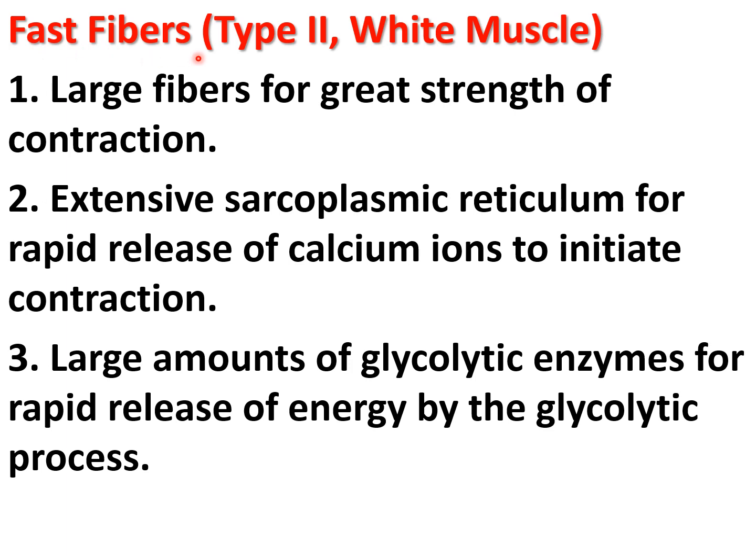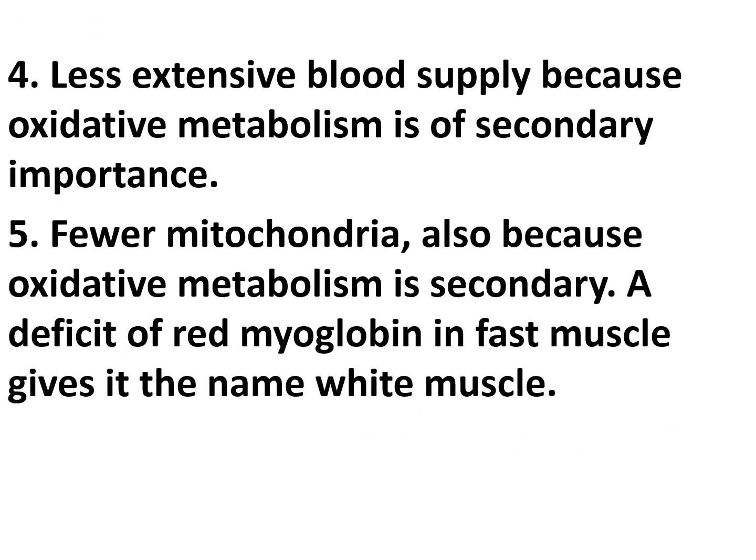Then fast fiber, or type 2, or white muscle. Fast fibers are large fibers for great strength of contraction, with an extensive sarcoplasmic reticulum for rapid release of calcium ions to initiate contraction, and a large amount of glycolytic enzymes for rapid release of energy by the glycolytic process.